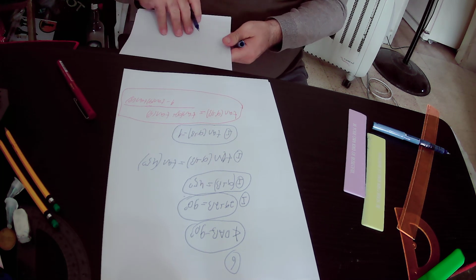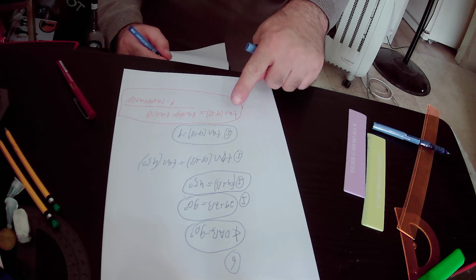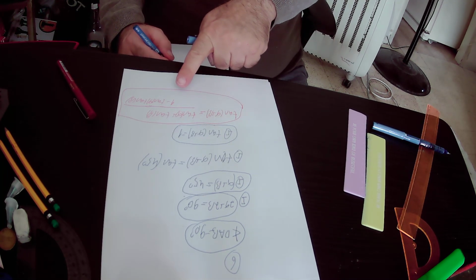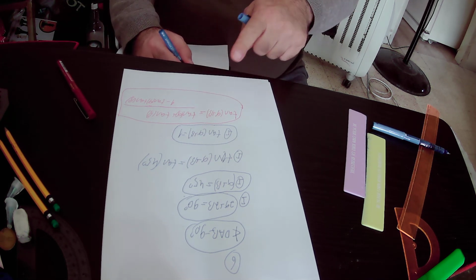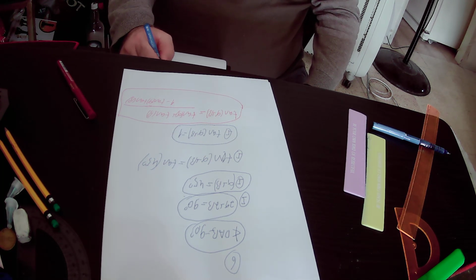So equation number 1 will become, instead of tangent alpha plus beta, we will write down this expression: tangent of alpha plus beta equals tangent alpha plus tangent beta over 1 minus tangent alpha times tangent beta.